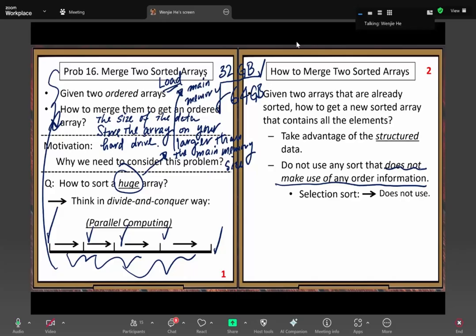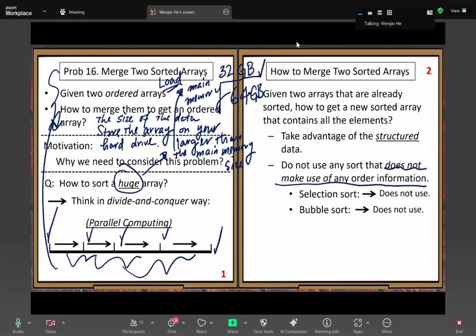There is only one case. The best case, worst case, all the cases are the same case. Only one case. So it never uses the order information. Similarly, the bubble sort does not use any order information.